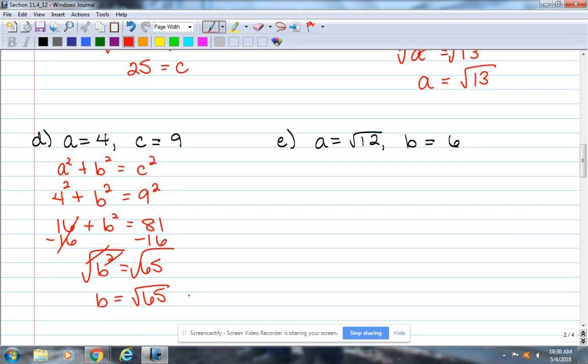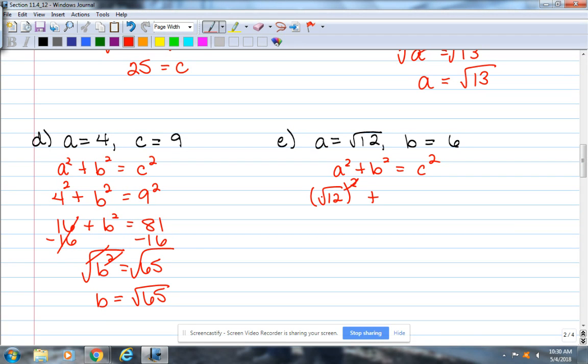All right, problem E is a little different because one of the side lengths is a radical, and this is actually really easy when you have one like that. So we're going to say a squared plus b squared equals c squared. Which one are we finding, a, b, or c? C. C again, the hypotenuse. So when we say radical 12 squared, what do you think is going to happen?